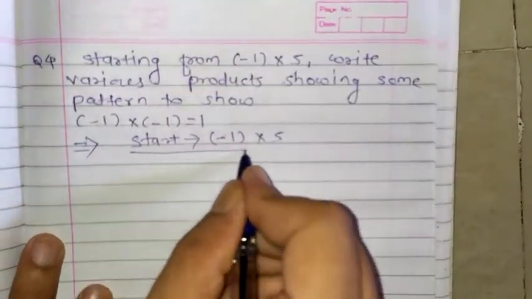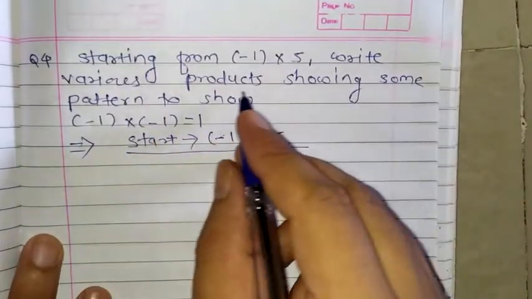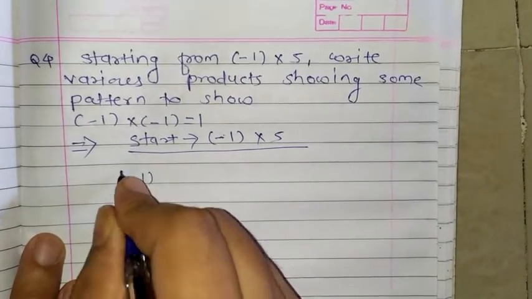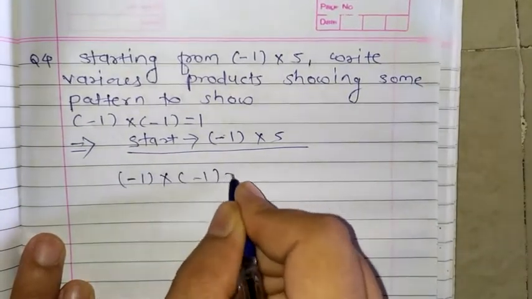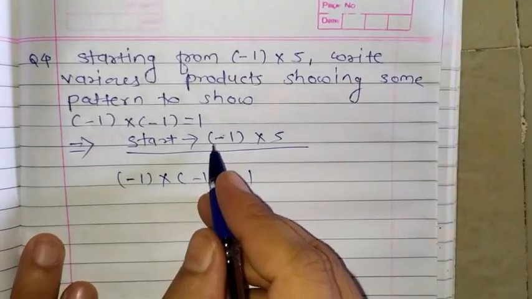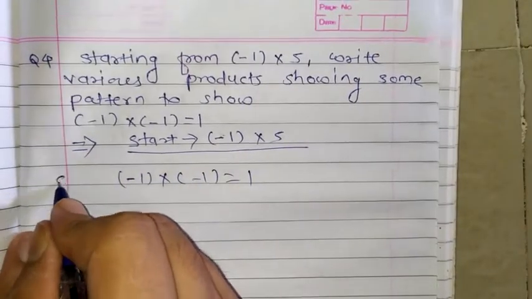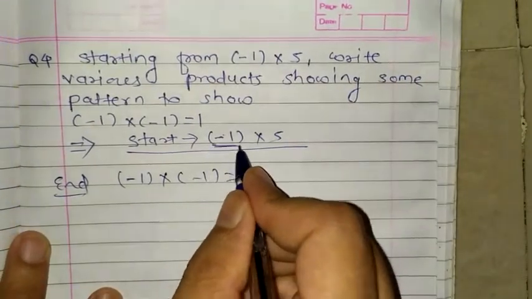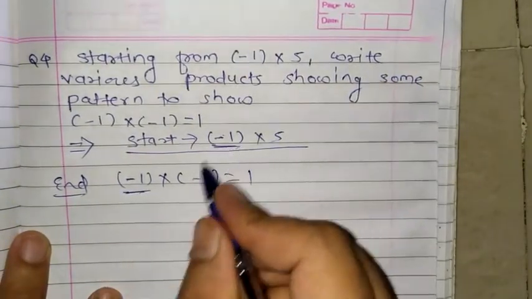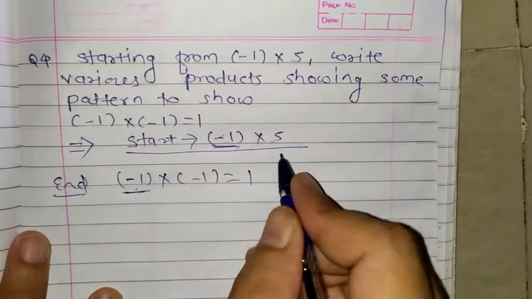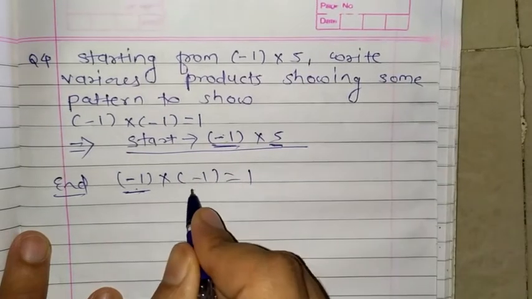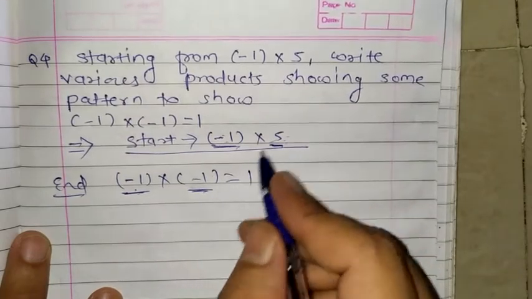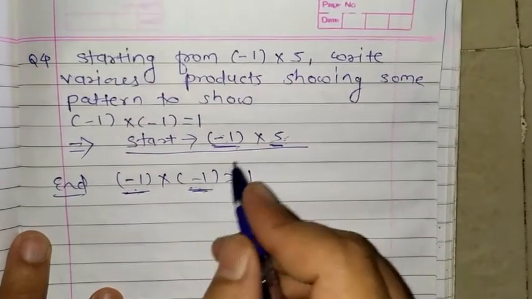And the end value is minus 1 into minus 1 equal to 1. So you do the comparison first. Here minus 1 is there, and here minus 1 is there, so this value is constant. Here 5 is there, here minus 1 is there, so this value is varied.